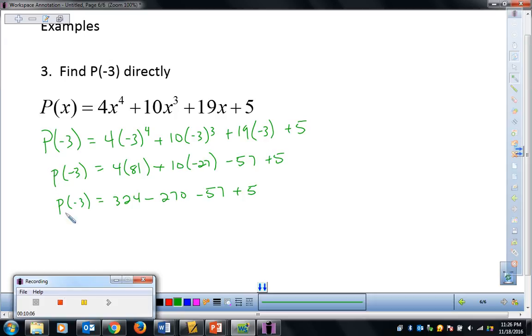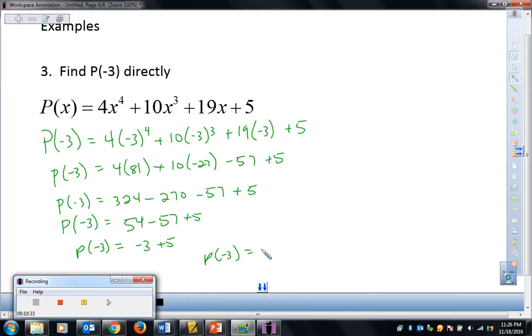And one last time, combining all like terms, just adding and subtracting: 324 minus 270 is 54, minus 57 plus 5. 54 minus 57 is negative 3, plus 5. So p of negative 3 equals positive 2. So again, when we get bigger exponents, that can take a little bit of time.